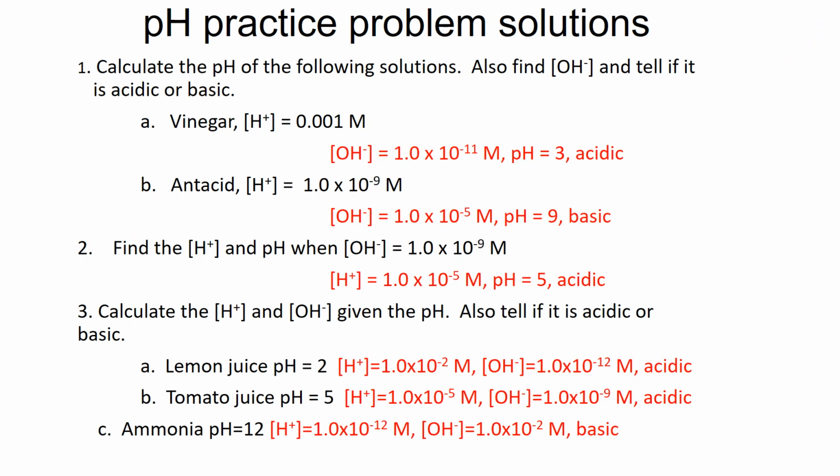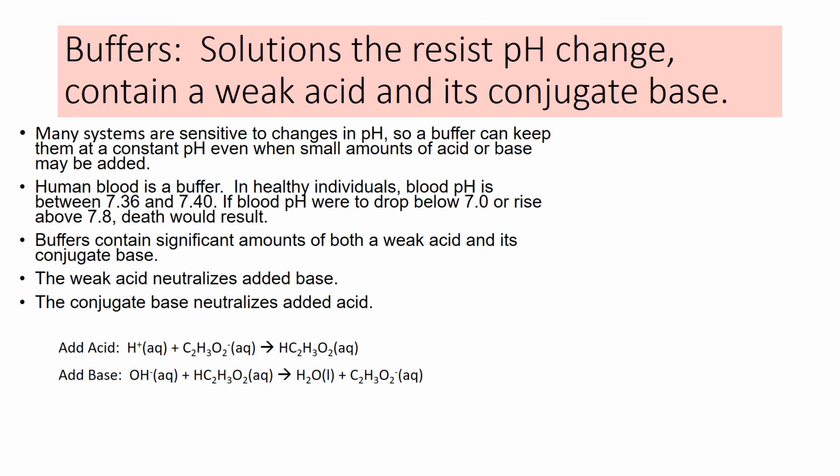And here it is written out more clean. Let's look at buffers. A buffer is a solution that will resist the change in pH. It contains both a weak acid and that weak acid's conjugate base. So in the example I'm looking at right here, the weak acid is acetic acid.